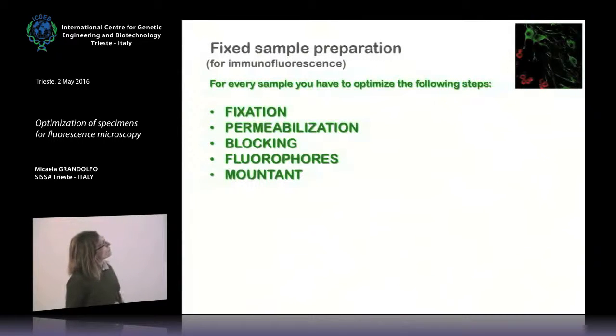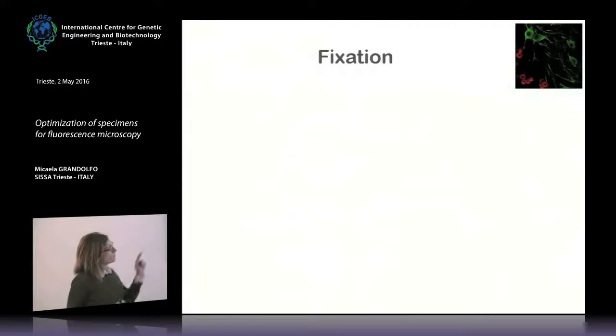Fixed sample, in particular for immunofluorescence. For every sample, you have to optimize these passages: the fixation, the permeabilization, the blocking, the choice of fluorophores, and the mountant. We will skip the permeabilization and the blocking, and we will move to the fixation immediately.